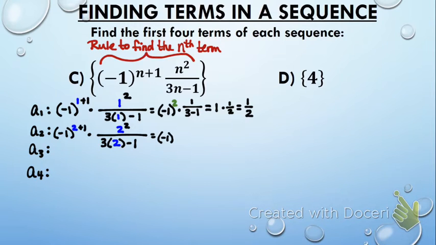So -1 to the third power we said was -1 times, what's my fraction? 4 over 5. So -1 times 4 over 5, so -4/5.